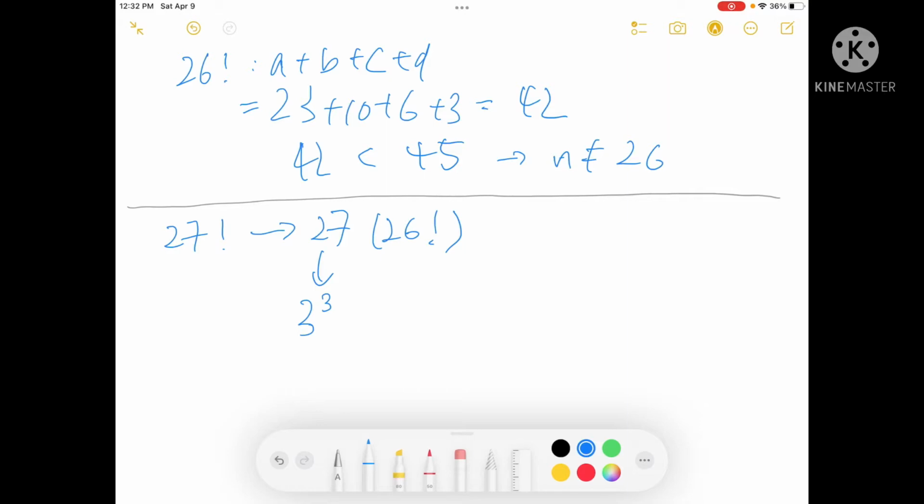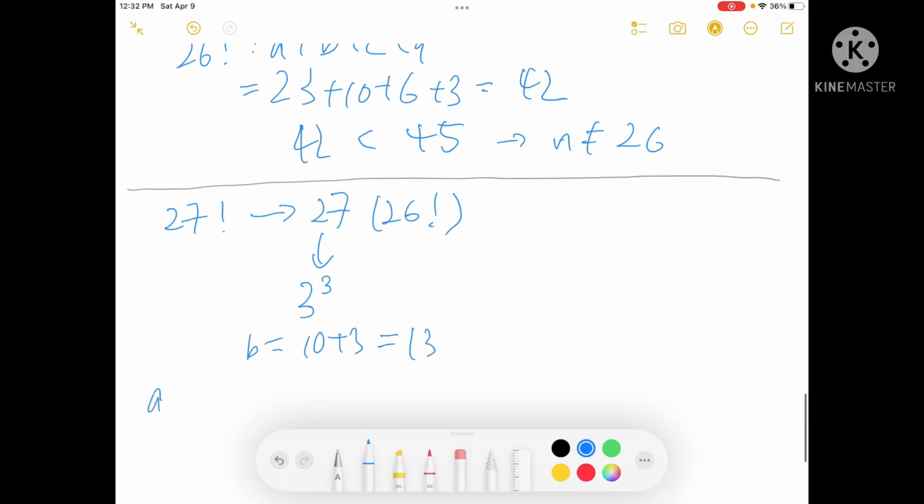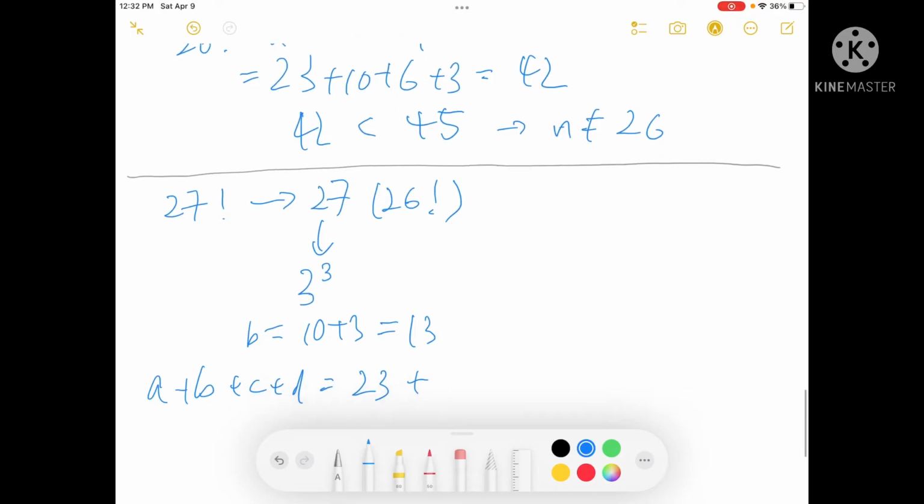So b is equal to 10 plus 3, which is equal to 13. And a plus b plus c plus d is equal to 23, because the number of factors of 2 did not change, since 27 does not have a factor of 2, plus 13 plus 6 plus 3, which is 45, which is just what we wanted.